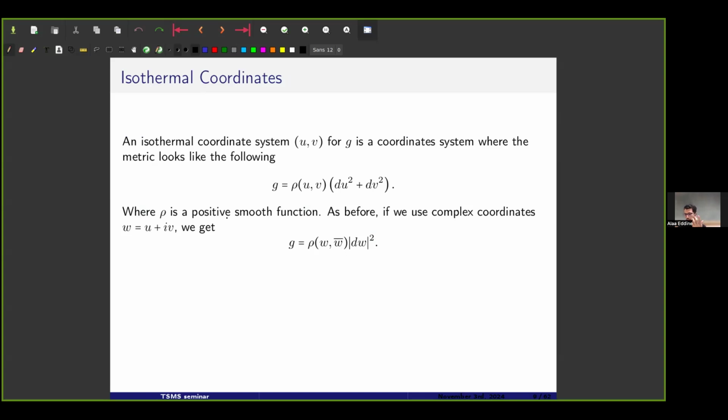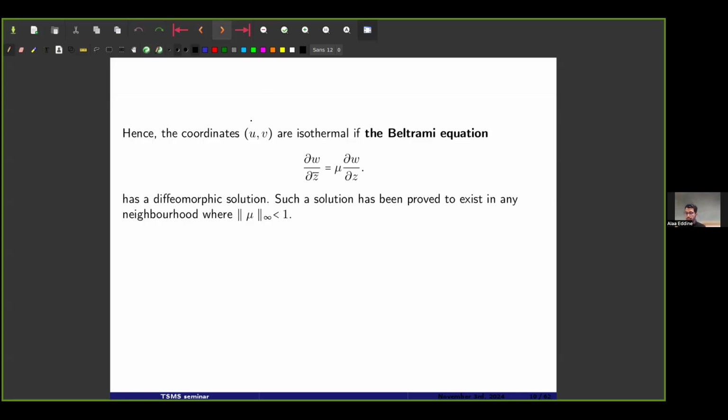So we are going to search for W such that the metric has this form, and this is equivalent to saying that W written in the Z coordinates verifies this formula. We just write the equality. This comes directly, and we get that the only condition is that W satisfies the Beltrami equation, which is the following equation.